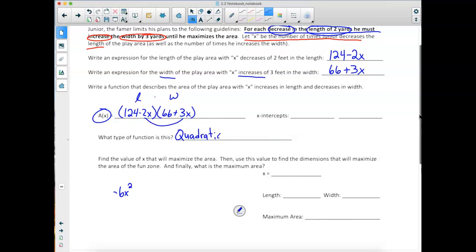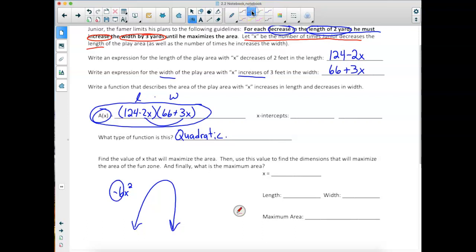Okay, the cool thing is, find the value that will maximize the area. If we're maximizing area, we should have an understanding by now. If we graph this in Desmos, I'd rather you don't do it yet, but we are going to get a graph that is concave down because a is negative.